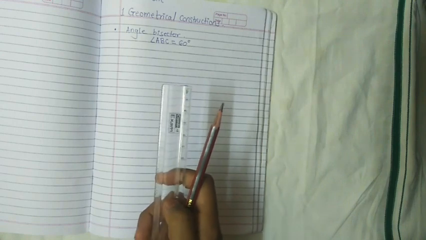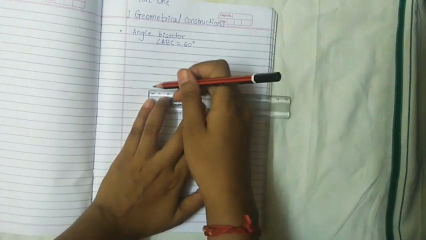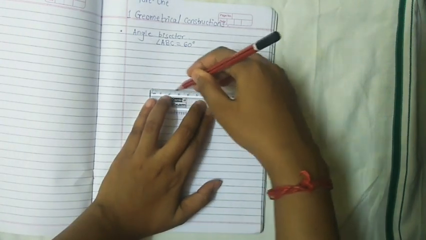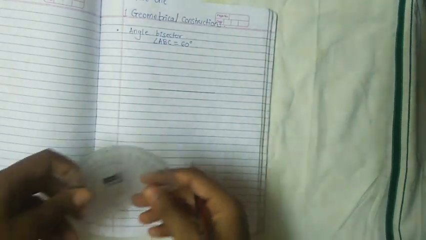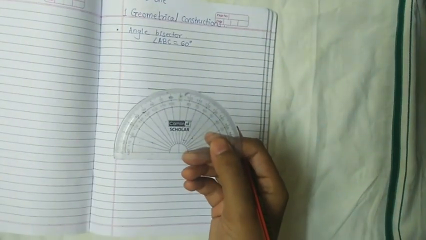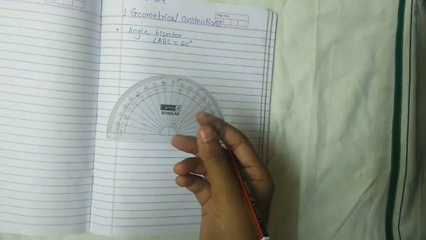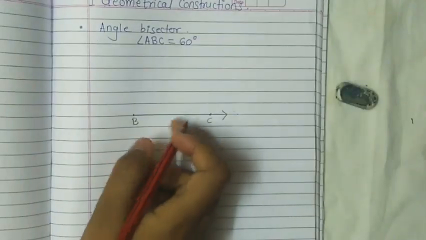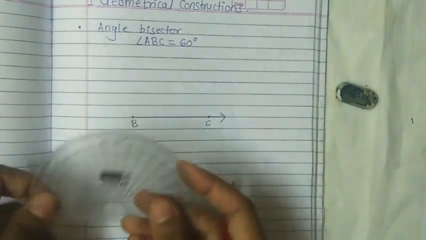First, with the help of pencil and scale, we are going to draw a line. After that, with the help of protractor, we are going to draw an angle of 60 degree. Here I have named it BC.